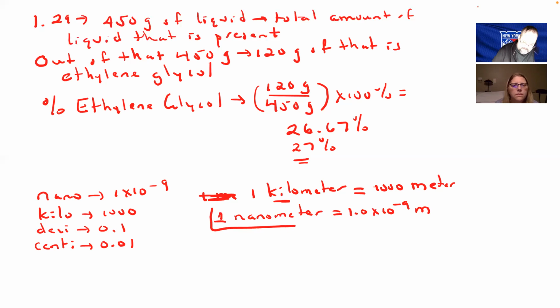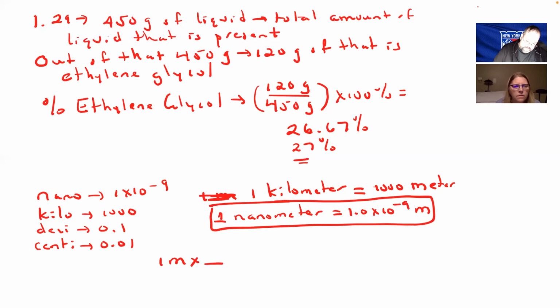So this equality right here is the conversion factor that relates nanometers to meters. If you have 1 meter and you wanted to convert that into nanometers, you would do 1 nanometer over 1.0 times 10 to the minus ninth meters.